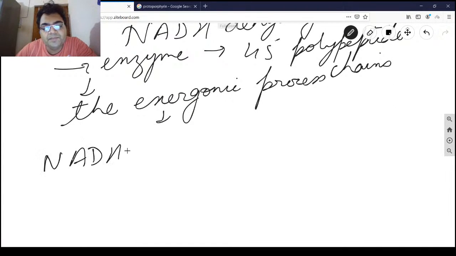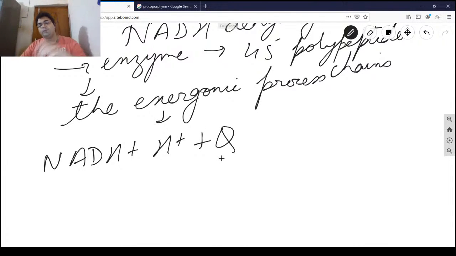NADH plus H plus. Okay, it will attach with the ubiquinone, and ubiquinone will take the electrons in the form of a hydride ion.